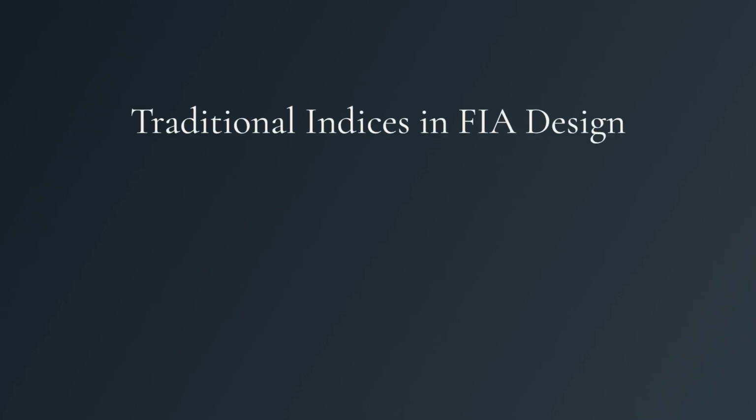Why traditional indices aren't automatically better. The S&P 500 is familiar, but familiarity doesn't equal suitability inside an FIA. Because the S&P 500 has high volatility, it is expensive to hedge annually. This is why one-year S&P strategies often have modest participation rates or cap structures, unless paired with multi-year resets or strategy charges.